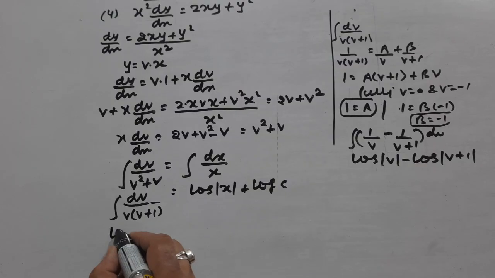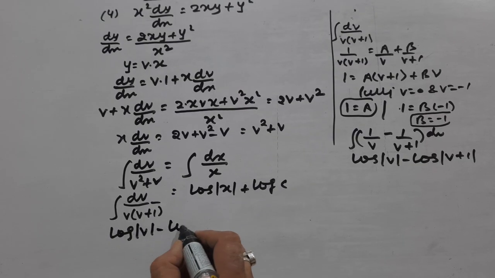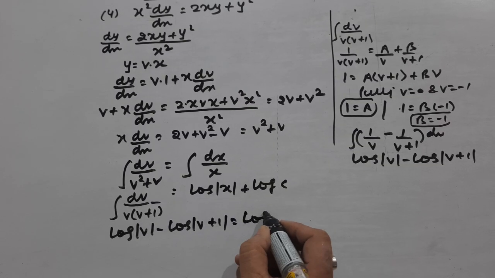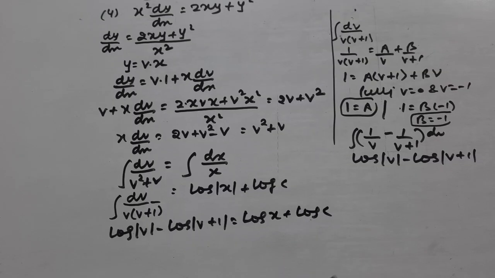So here we can write log v minus log of v plus 1 equal to log x plus log c.